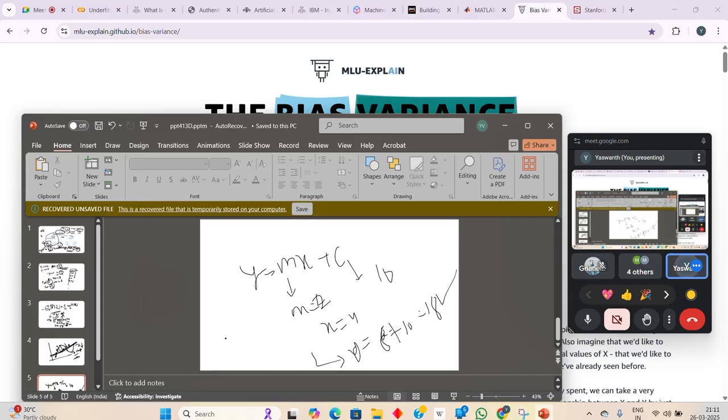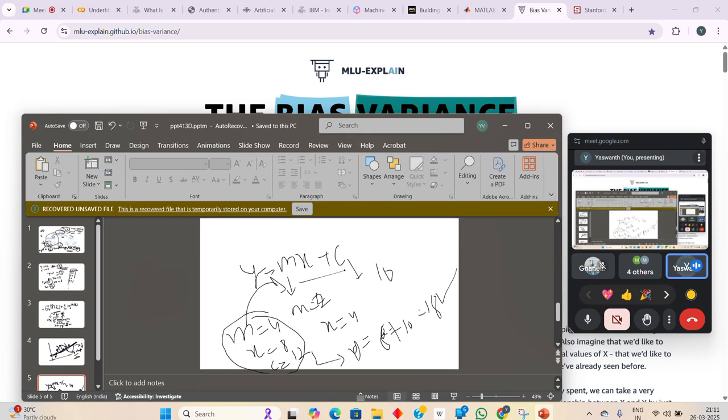But in the examination, the examiner gives m is equal to 4, x is equal to 8, and c is equal to 12. In this situation, if you fail to substitute these values and are not able to answer what the y value is after replacing them in this expression, then that also does not mean that you learned it.